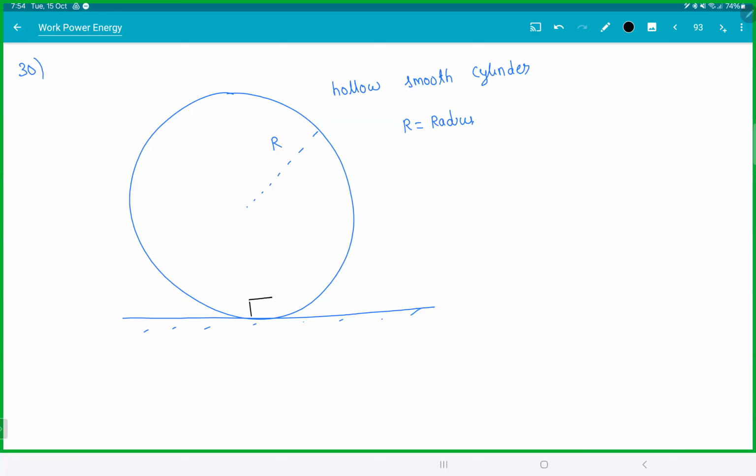Inside the cylinder, there is a block of mass m, initially at rest. Floor is smooth, everything is smooth. So now someone started accelerating the cylinder with a constant acceleration.